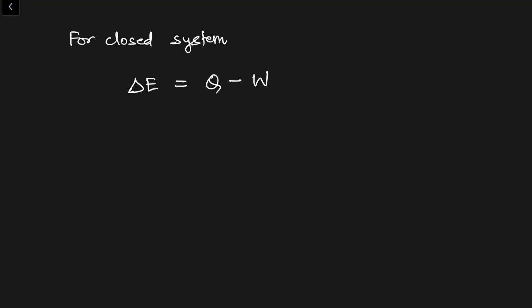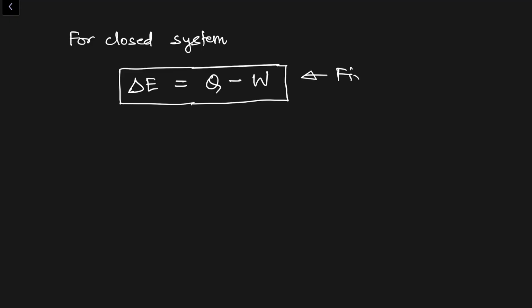But in the previous case, we just saw that this Q was 0. In the case of Joule's experiment, this Q was 0. But to generalize the first law, we can say that del E is equal to Q minus W. This is the first law of thermodynamics.